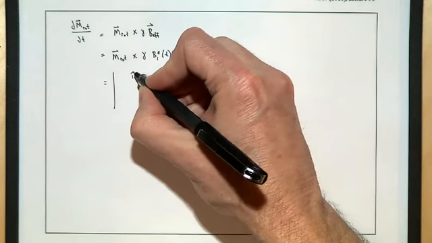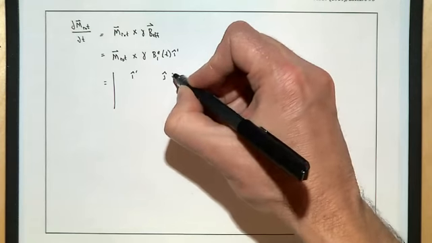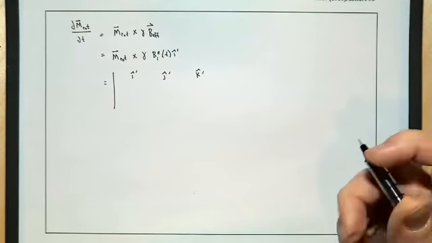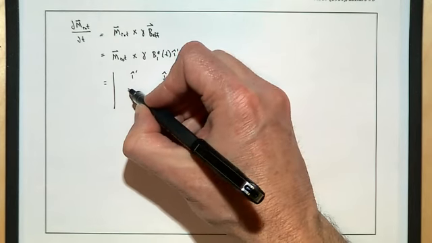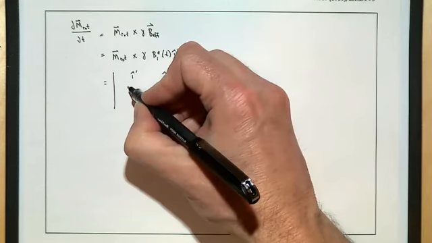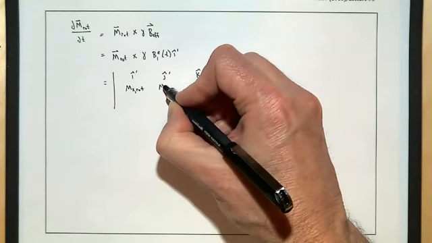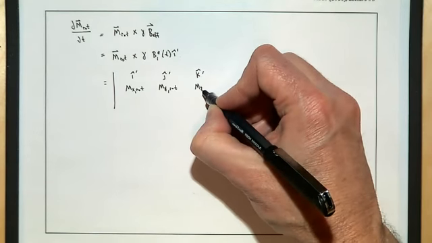So we know we have I hat prime, J hat prime, K hat prime. The components of our M vector are just something like MX rot, MY rot, MZ rot.